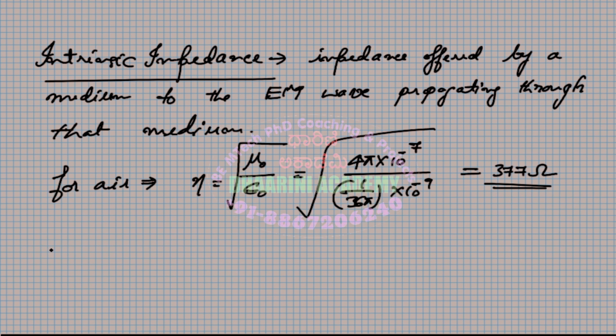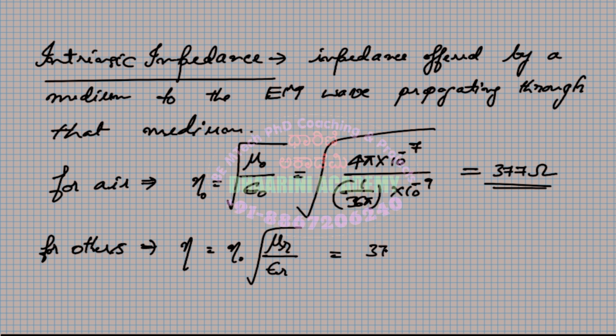So for others, the intrinsic impedance is nothing but, I'll write this as eta naught, that is 377 into root of mu r divided by epsilon r.